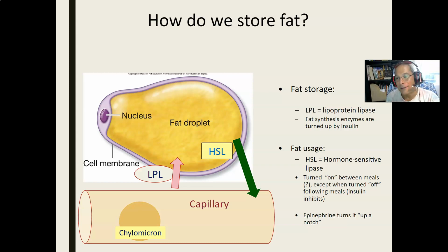This gets back to John's old adage, why are you eating late at night? Because if you're eating something carbohydrate rich before you go to bed, you are raising your insulin levels, you are turning down HSL, and then by definition, you're not really burning body fat while you sleep when you should be, because you can't. You can't burn fat if you don't release fat.